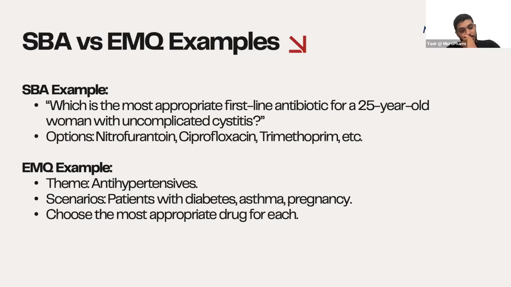Extended matching question. So yes, nitrofurantoin first line. It's still nitro on NICE as well. What it says is nitrofurantoin, or you can use trimethoprim in brackets, if likelihood of resistance or resistance rates is low.